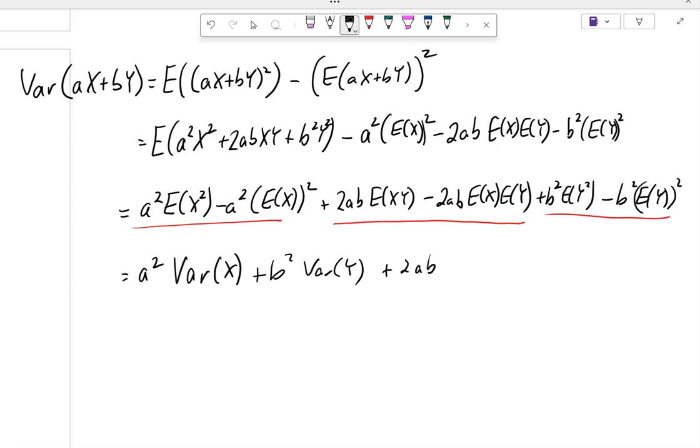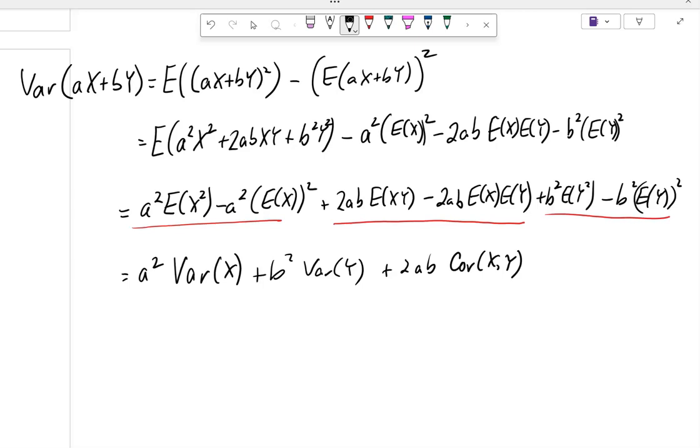Good. Yep, exactly right. 2ab covariance of xy. Good. This is a nice formula to be able to use. If I've got a variance of a sum, I get the sum of the variances and then plus a covariance piece, basically 2 times the covariance piece, and then you've got to play with your constants. Okay?